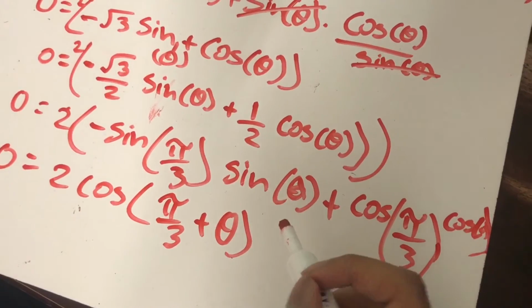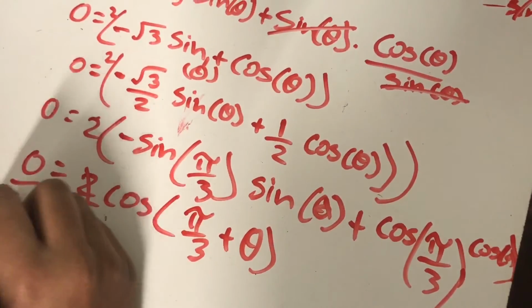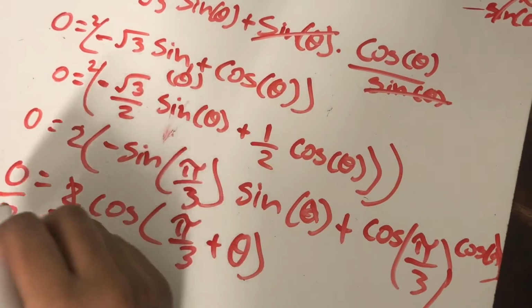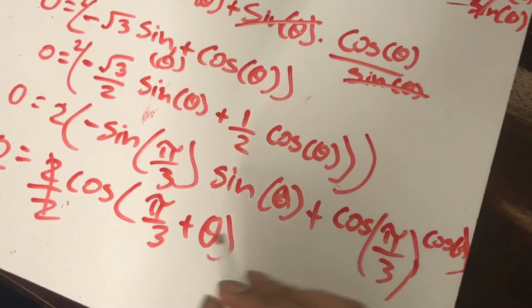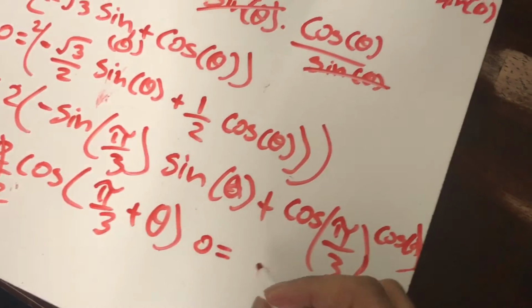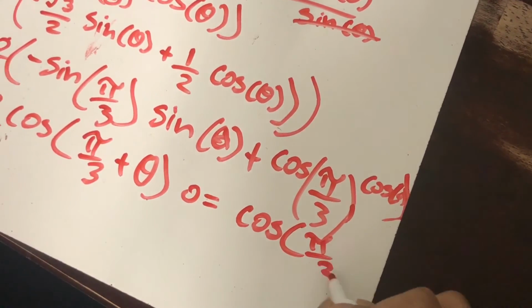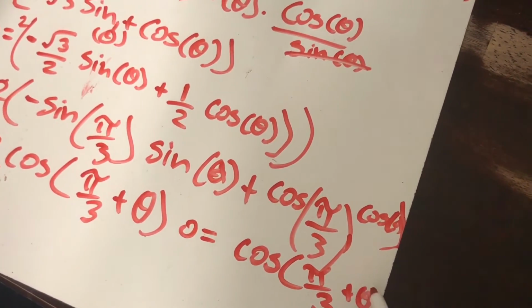Now we're basically going to divide by 2 on both sides, and 0 divided by 2 is 0 anyway. So 0 equals cosine of pi over 3 plus theta.